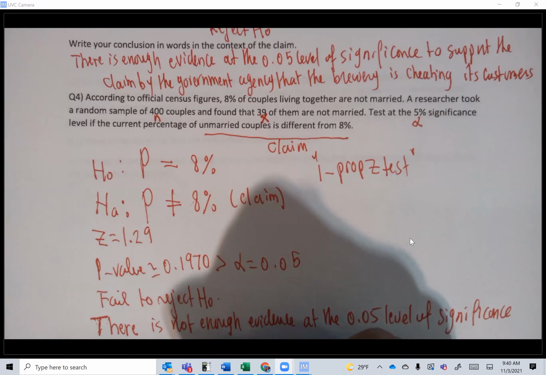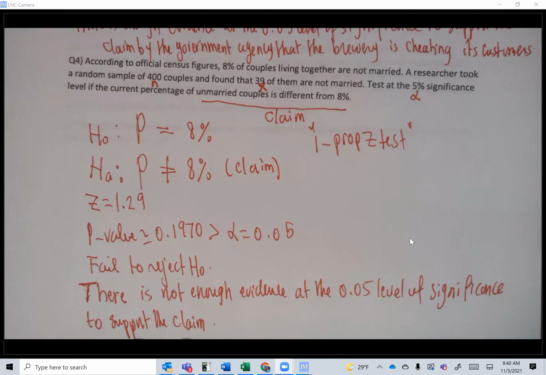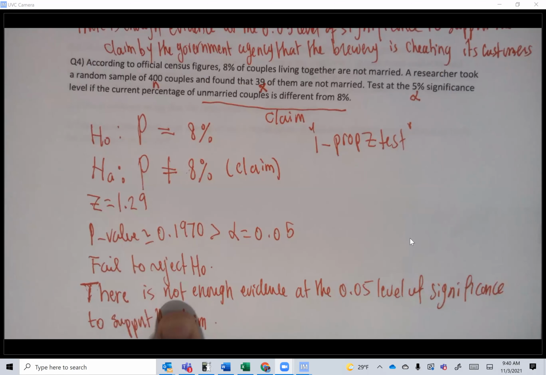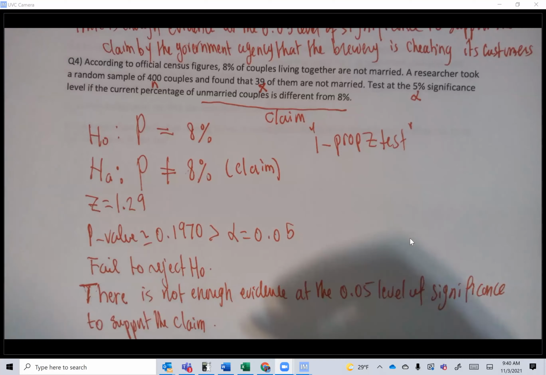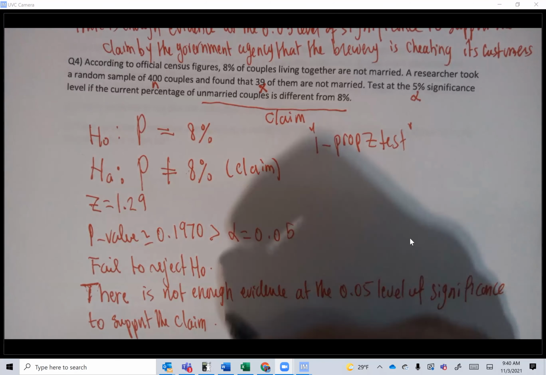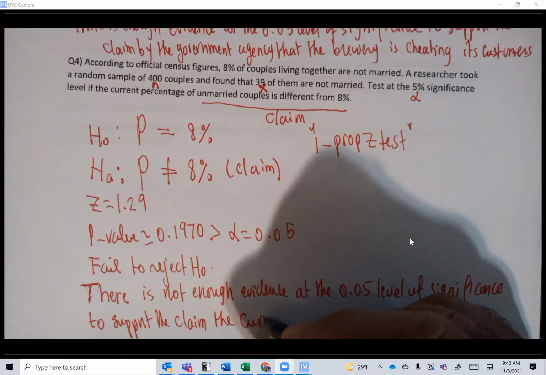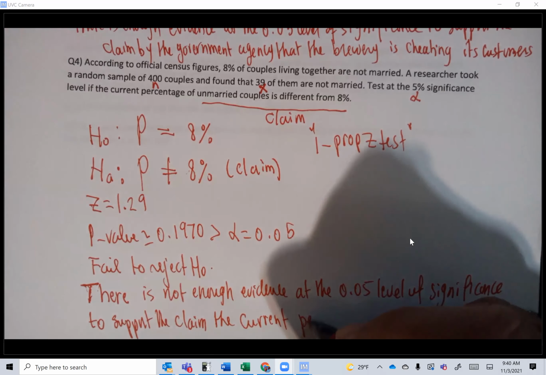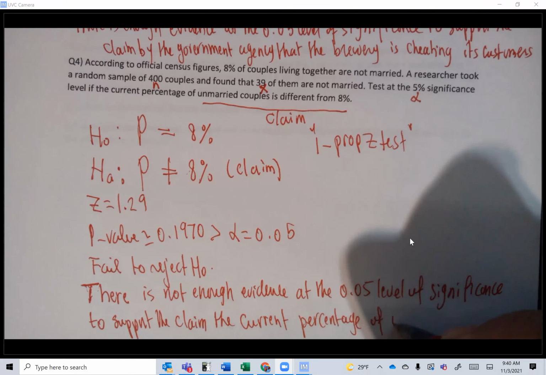Exactly. When you say the word support, it doesn't mean you're supporting. You're saying there is not enough evidence to support. So you're saying I'm not supporting here, but you have to use the word support in here to support the claim that the current percentage of unmarried couples is different from 80%.